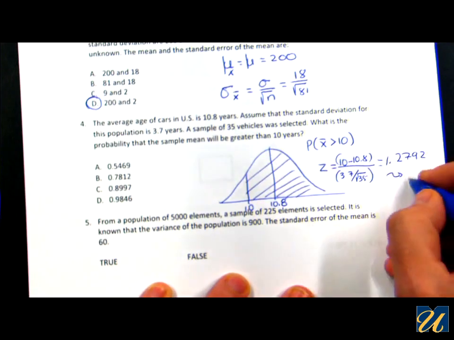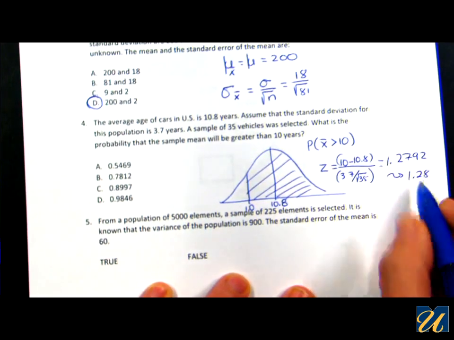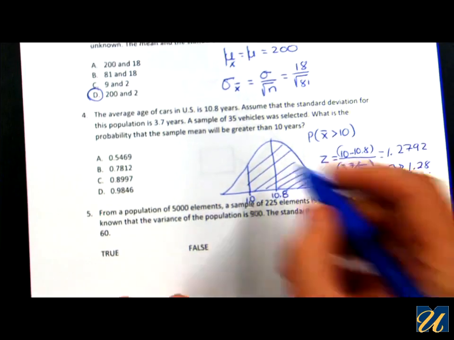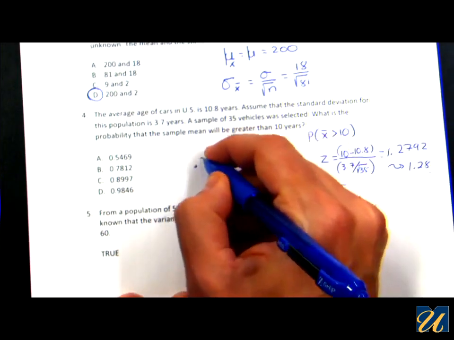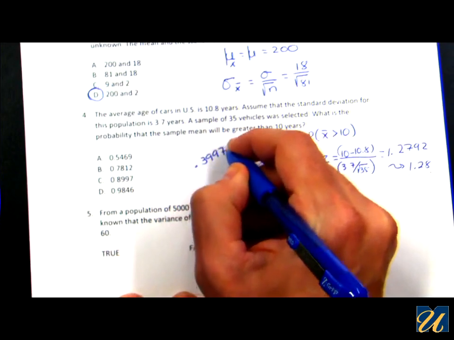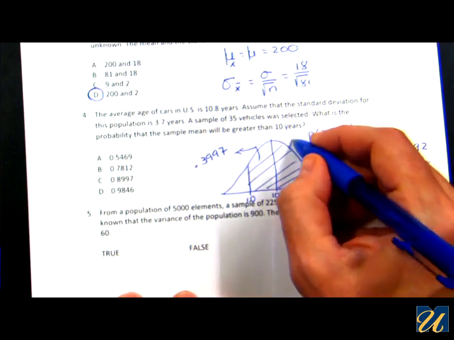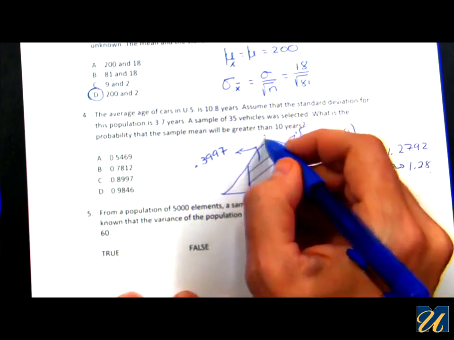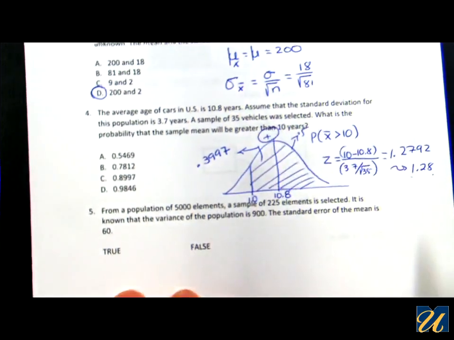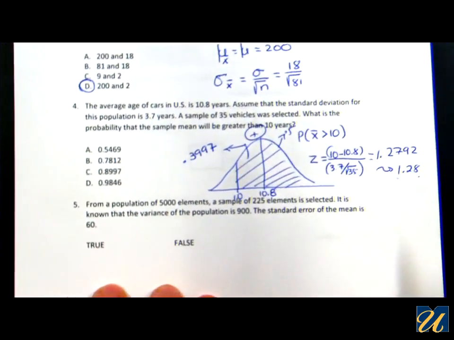We will round up to 1.28. 1.28 will give us a probability of 0.3997. This area is 0.5. All I need to do is add the two, so the correct answer will be 0.8997.